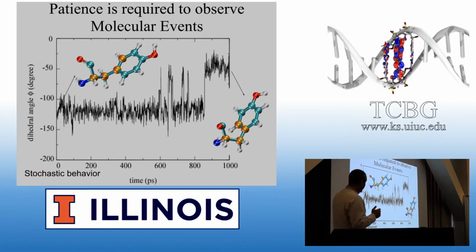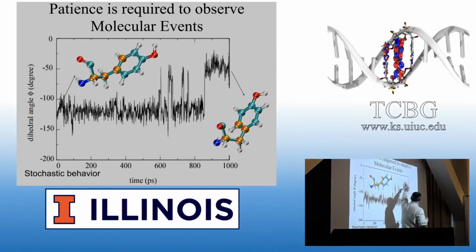But if you think about it, so what if you make this 1,000, 2,000, and this one stays there for longer and longer times? That is going to affect your population distribution. Maybe this is actually a lower energy state. In this population distribution, it looks like a higher energy state because it has a smaller population, but if you run it longer, maybe this was a bad initial conformation.